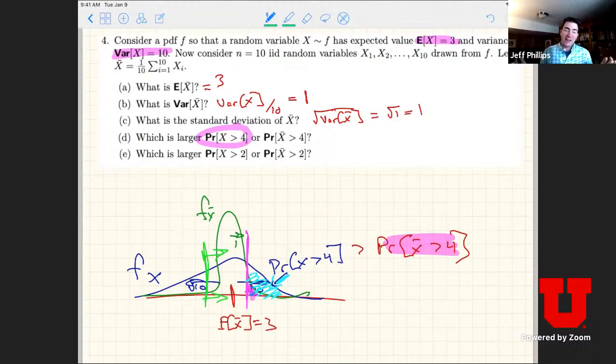The second question, E, is asking kind of the opposite, right? Now I want to count the stuff that is not in the tail on the other side.